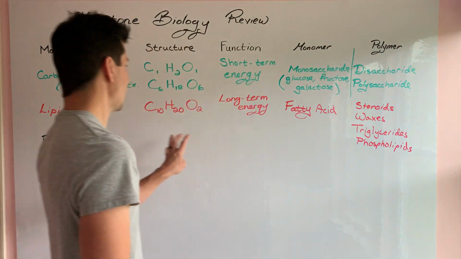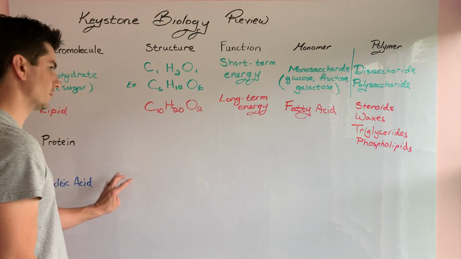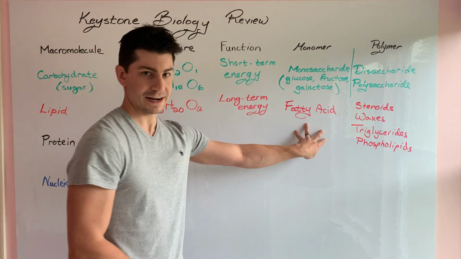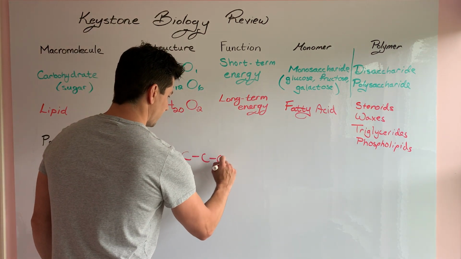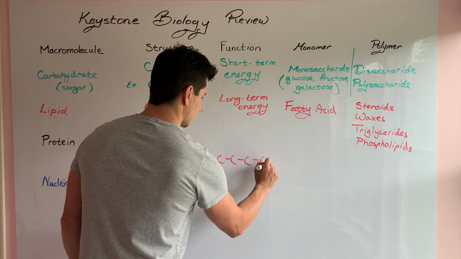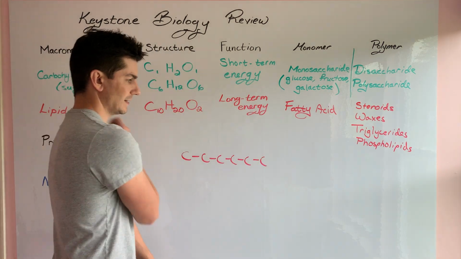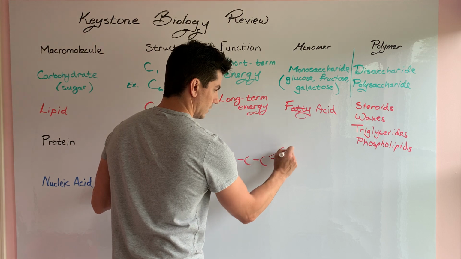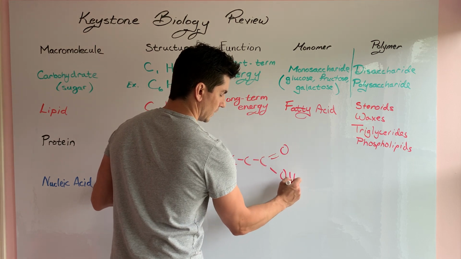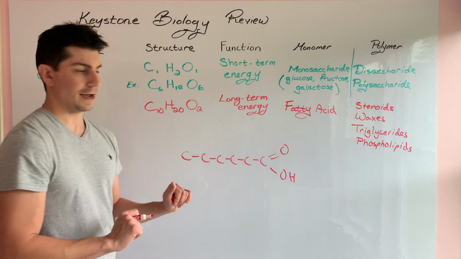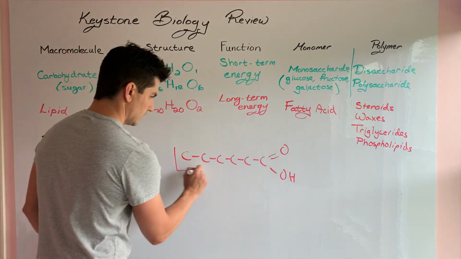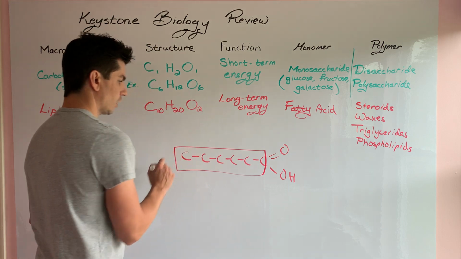Okay. Before I move on to proteins and nucleic acids, let me go over fatty acids here real quick. So, we are going to have a very long chain of carbons, and it's going to be attached to an oxygen, a hydroxyl group over here, okay? The only thing you want to look at for your fatty acids is this carbon chain.